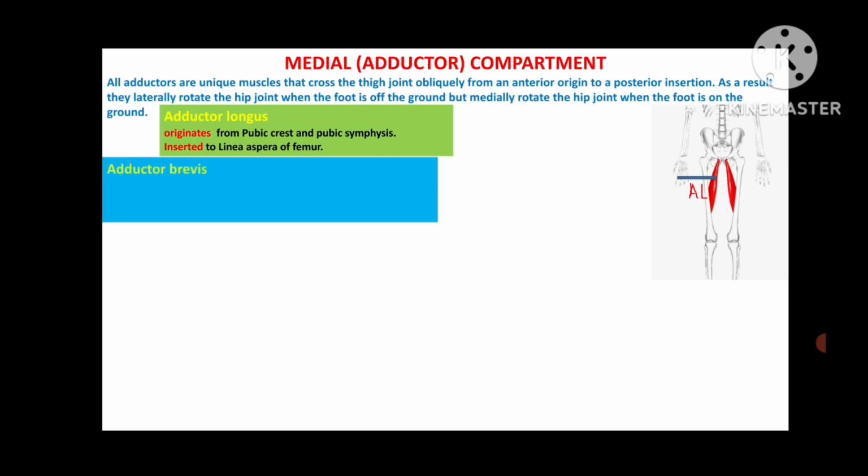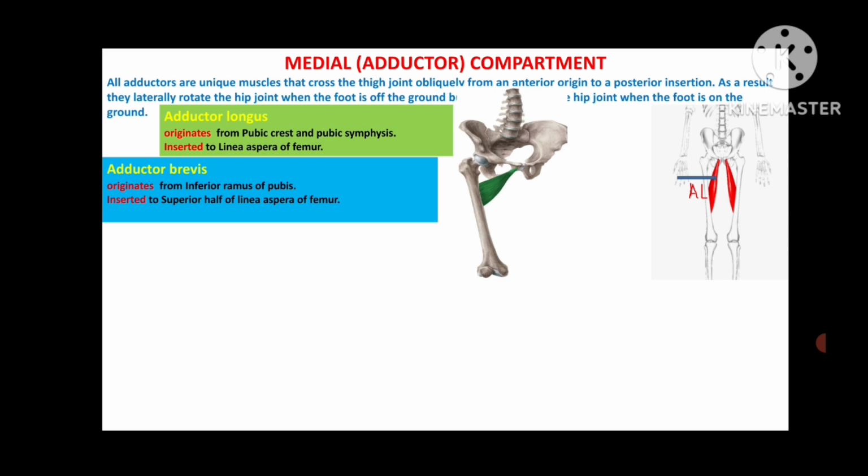The second muscle, adductor brevis, originates from the inferior ramus of the pubis and is inserted to the superior half of the linea aspera of the femur. The other muscle is known as adductor magnus.